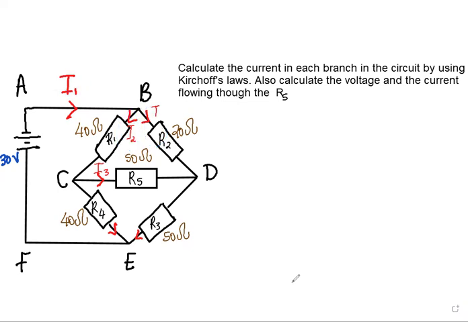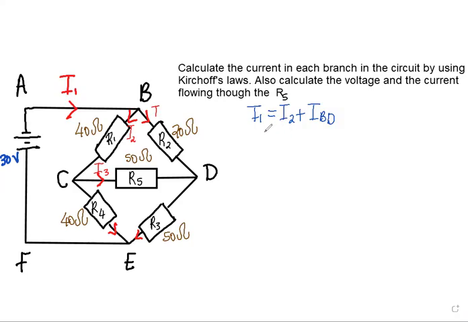So we're just going to say I1 equals I2 plus the current at BD.